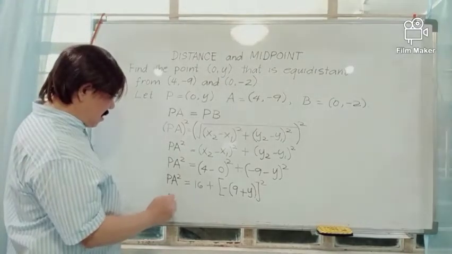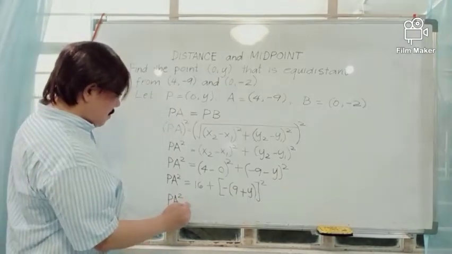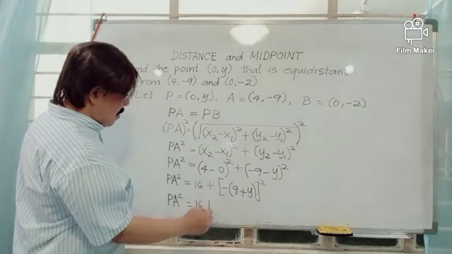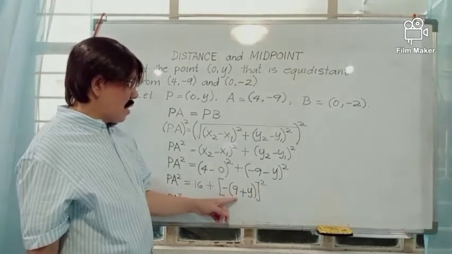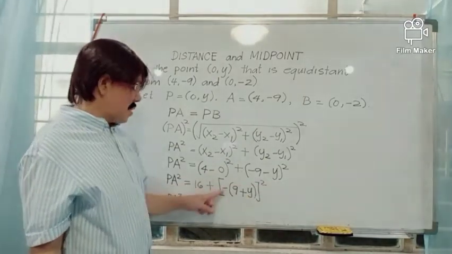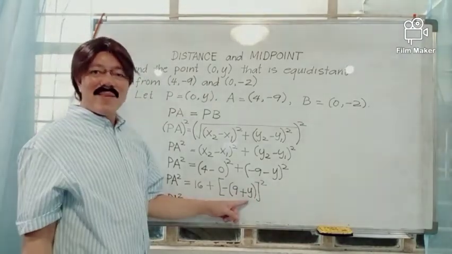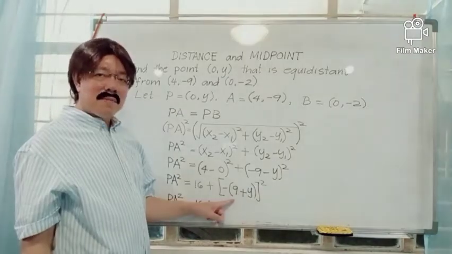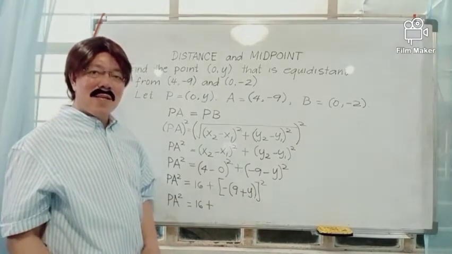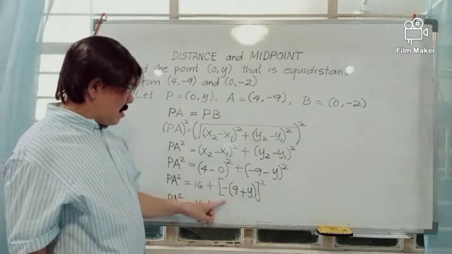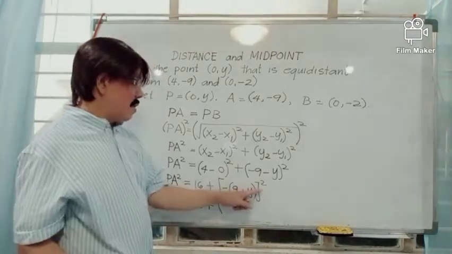We have 16 plus, by property of exponent, the square of negative times (9 plus y) is equal to the square of negative times the square of (9 plus y). And 9 plus y can be written as y plus 9 because addition is commutative. So the second term is equal to the square of negative, which is positive, times the square of (y plus 9).